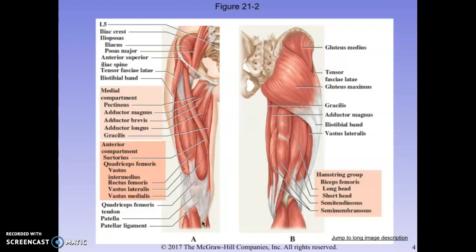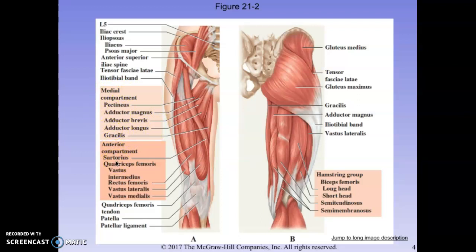Okay, and I'll talk about that insertion spot more when we do the knee, but the gracilis is important because of that. Okay, but all of these are just adductors of the groin.